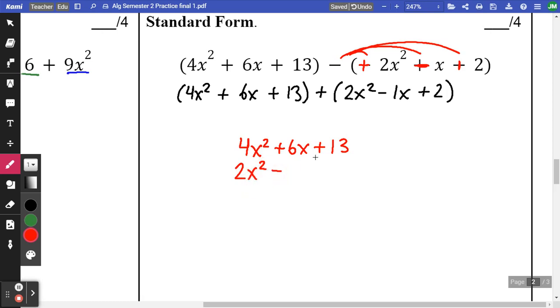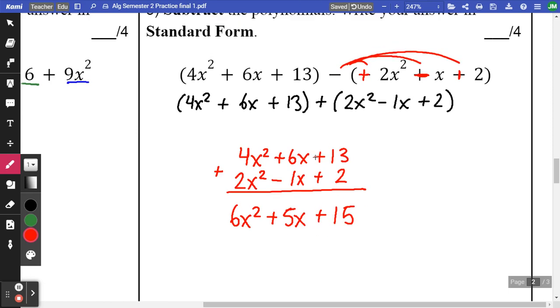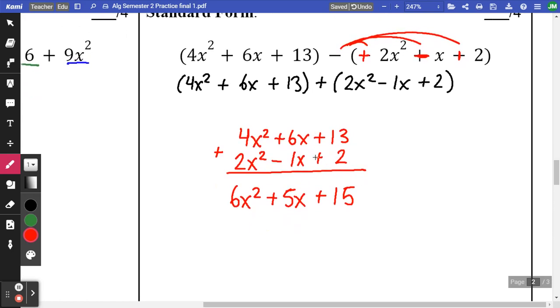So 2x squared minus 1x plus 2. And then now we're going to add 4 and 2 becomes 6x squared. 6 minus 1 is plus 5x. And 13 plus 2 is 15. And I'm going to check if this is in standard form from highest exponent to lowest. It looks like it is, so my answer is 6x squared plus 5x plus 15.